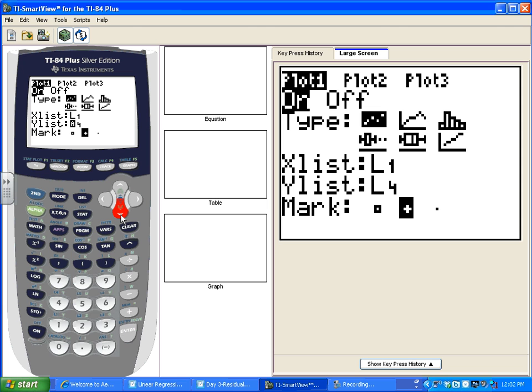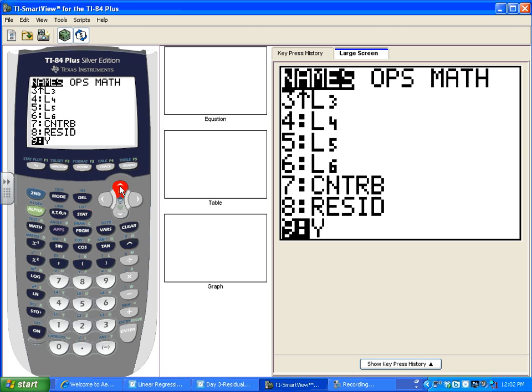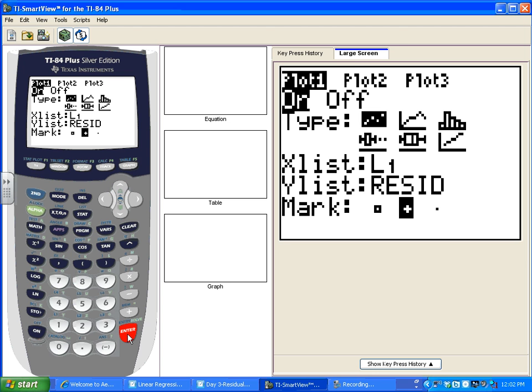So what I want you to do now at your Y list, make sure you're targeted there, press second stat, which is going to the lists. There's a name of some lists there. Scroll down to the bottom list, you should see something that you really like. It says resid. That must be short for residuals, and indeed it is.